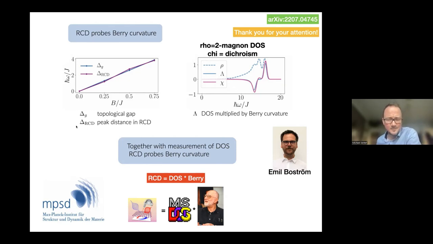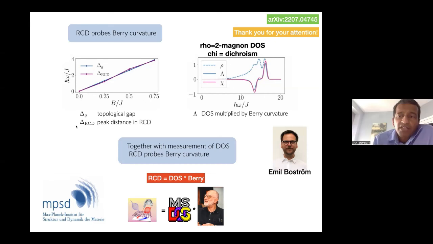Because the problem is that we don't have K resolution, or the problem is that the experiment doesn't have momentum. In principle, in the theory, we could resolve momentum as well, but off the top of my head, I don't have a good idea how you would distinguish. What you're saying is that if you have a K and K prime, you have opposite Berry curvature in the same band. For instance, I think that's what Darshan has in mind. Yeah.